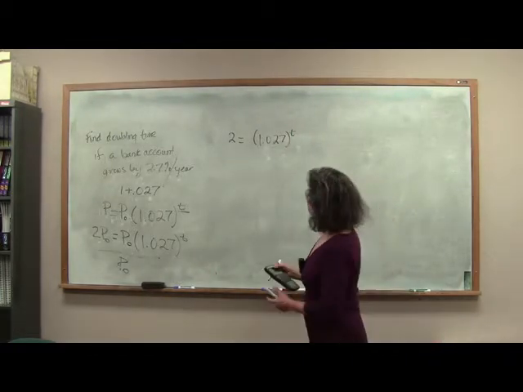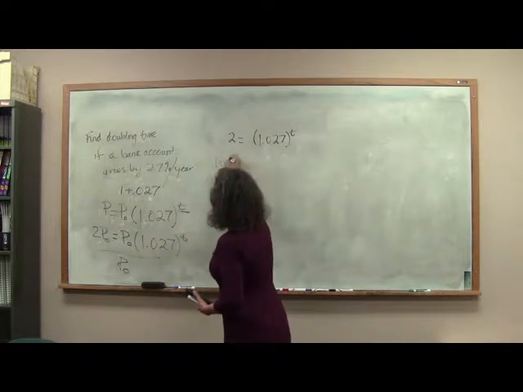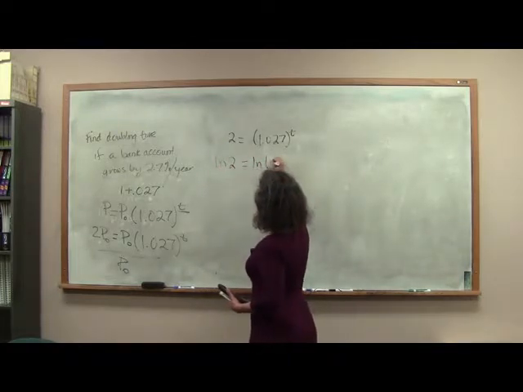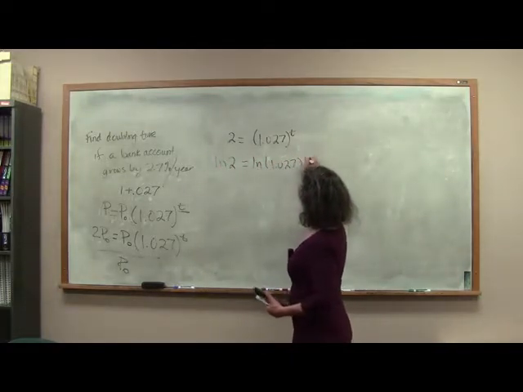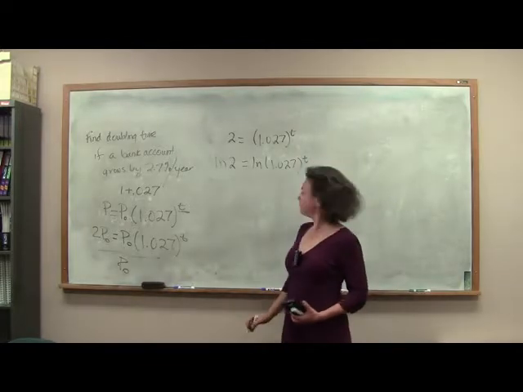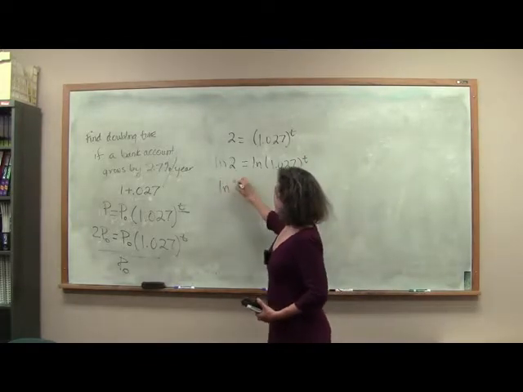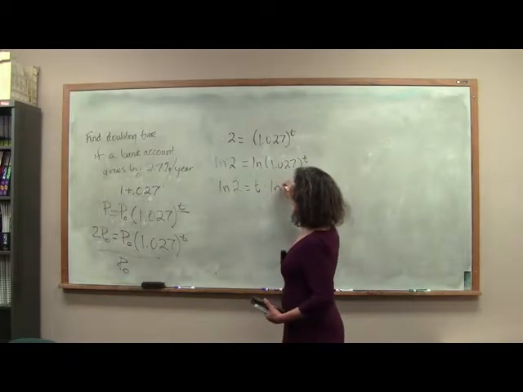And now what we can do is take the log of both sides. Natural log of 2 is the natural log of 1.027 to the power of T. Bring my exponent down in front.